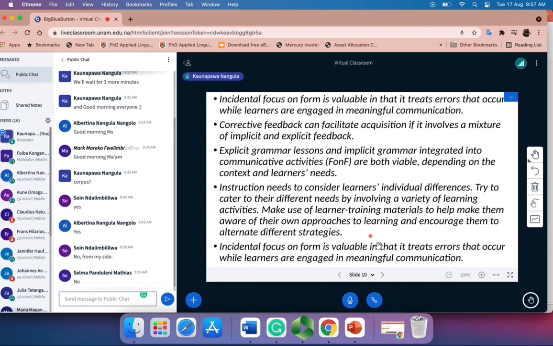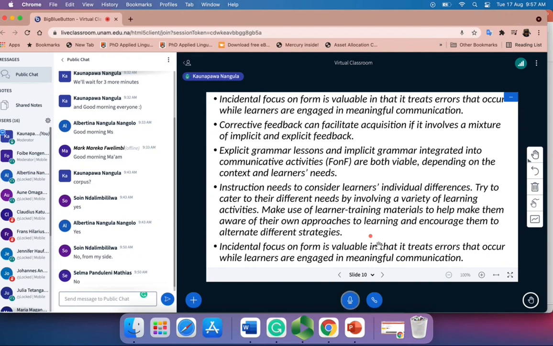But we do know that there are certain learners who prefer a certain learning strategy, but you have to encourage them to also learn about other ways to learn. And that is when you come in by presenting different ways of learning as well.